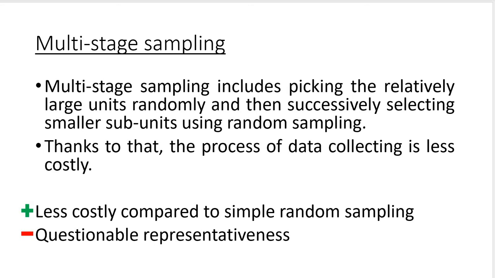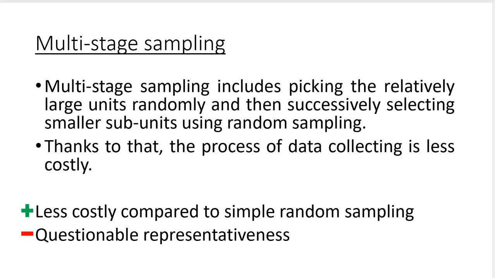For instance, in Poland, you randomly pick 5 voivodeships. Then, out of those voivodeships, you randomly pick some subregions. Out of those subregions, you randomly pick some smaller towns or cities. And out of those towns and cities, you randomly pick some people.